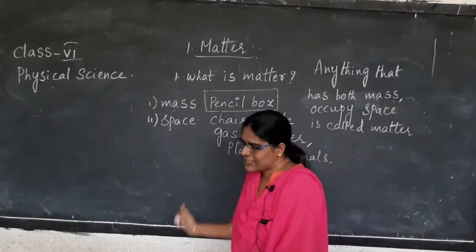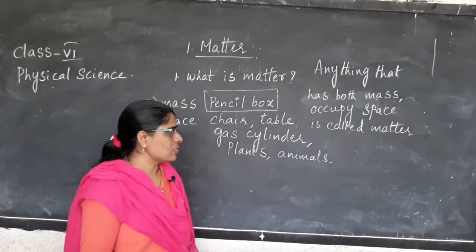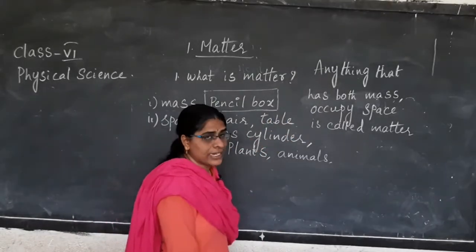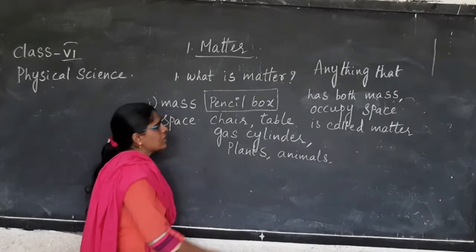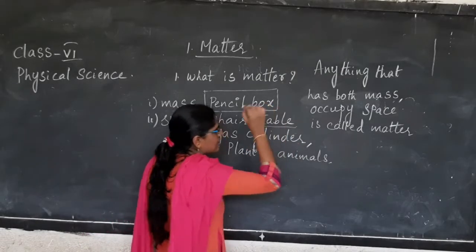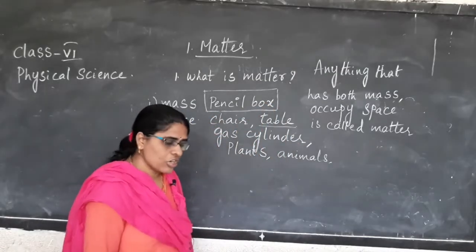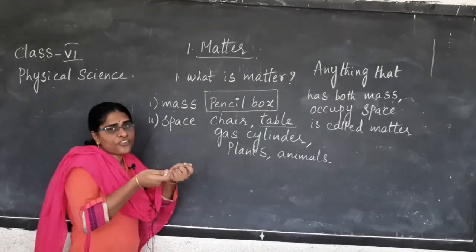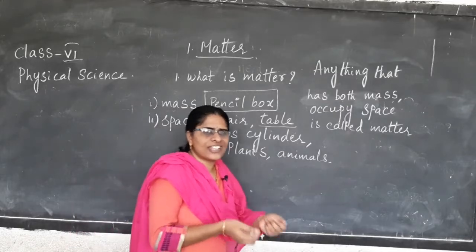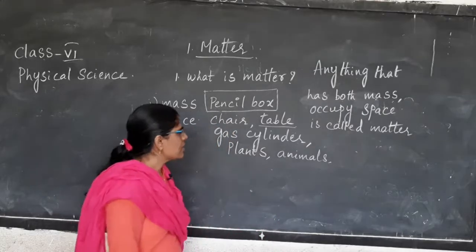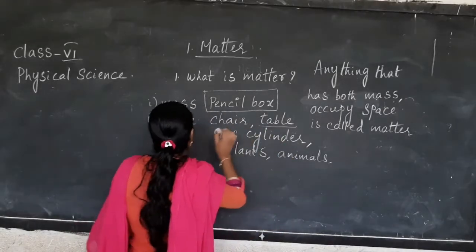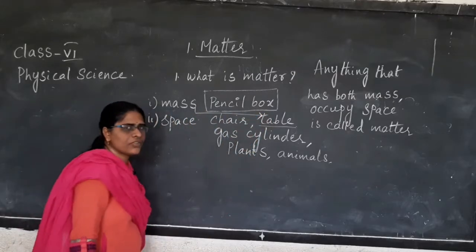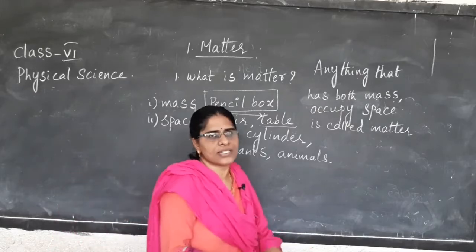Now in all these examples, we will find out whether they have mass and whether they are occupying space or not. Let us take your next example, table. You all might have seen a table at your home. Now when you lift a table, do we feel that it is heavy? Yes. When we are feeling heavy, we can say it has some mass.